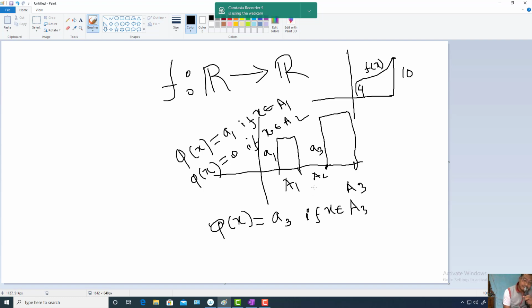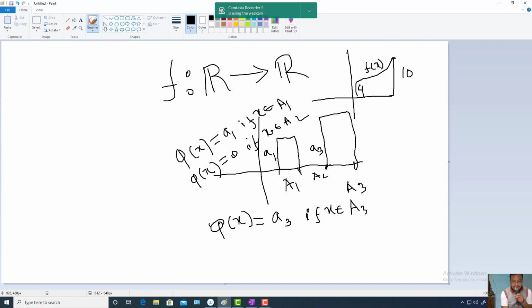How many values does the function take? There are only 3 distinct values the function takes: number 1, a1; number 2, a2, which is equal to 0; and number 3, a3. The function has only 3 distinct values.